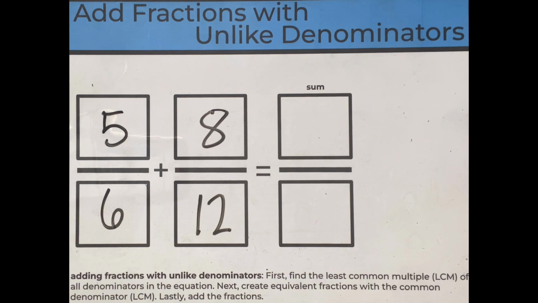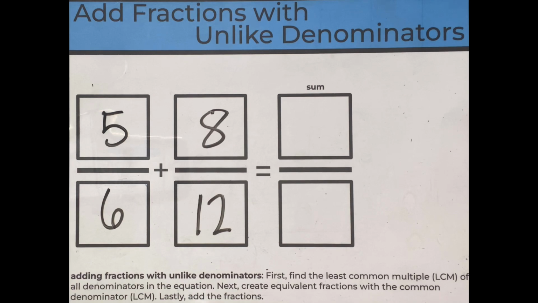Let's read here. These are our steps to solve fractions with unlike denominators. First, we're going to find the least common multiple, also known as the LCM, of all denominators in the equation. Next, we're going to create equivalent fractions with the common denominator.